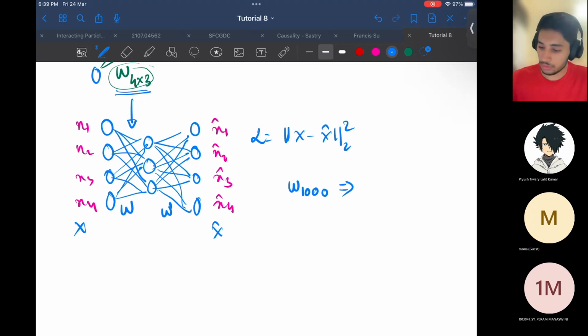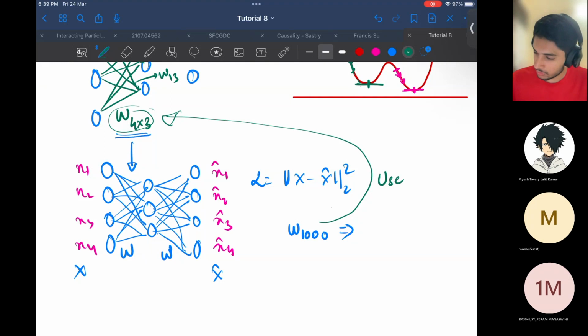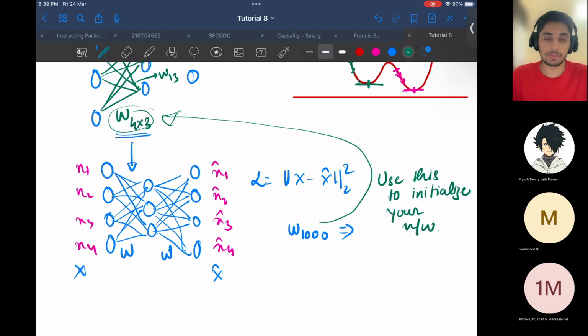Now the unsupervised pre-training tells you to use this to initialize your network. This is what it tells you, right? So I hope the concept is clear.